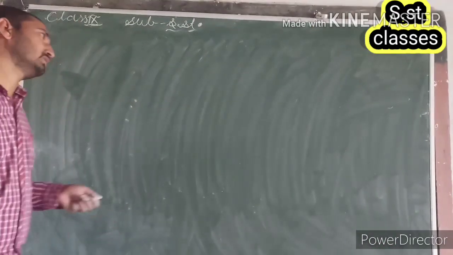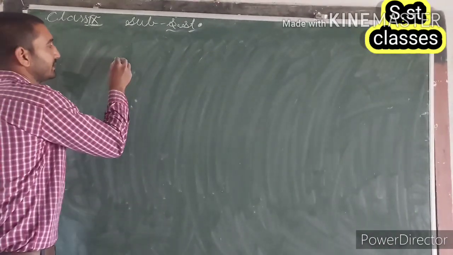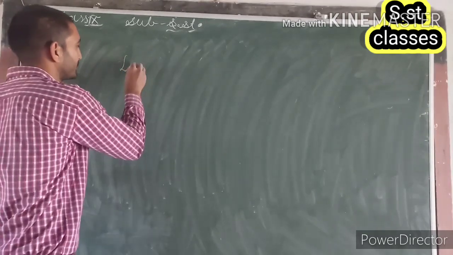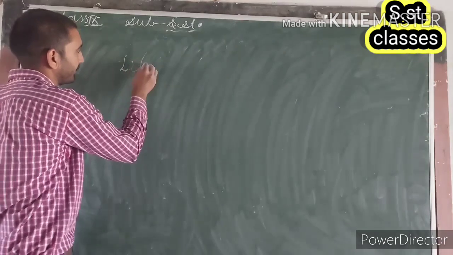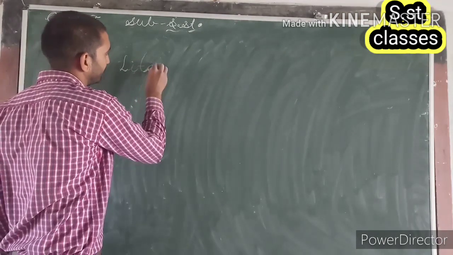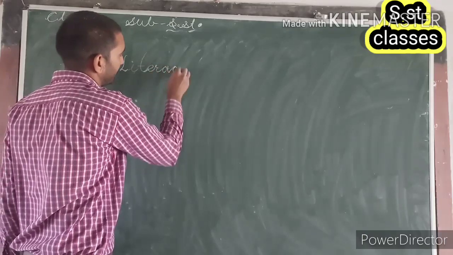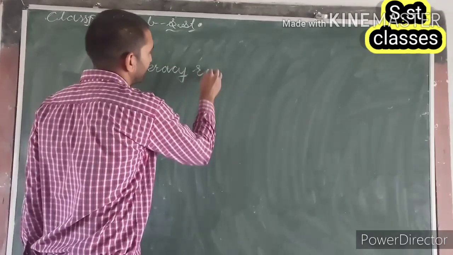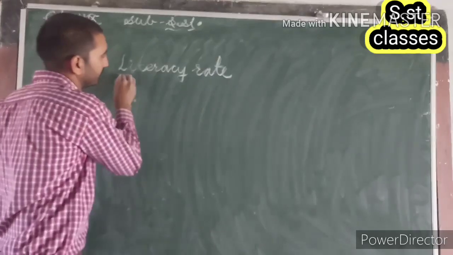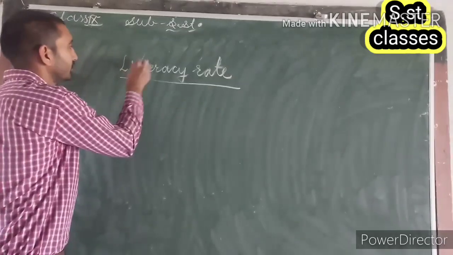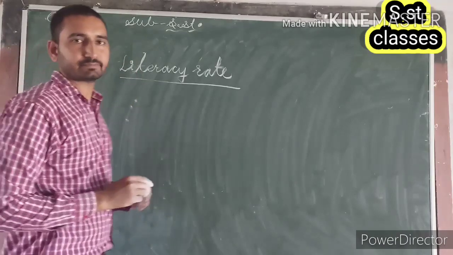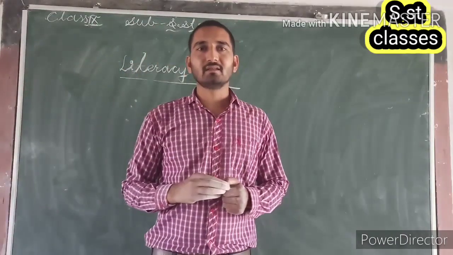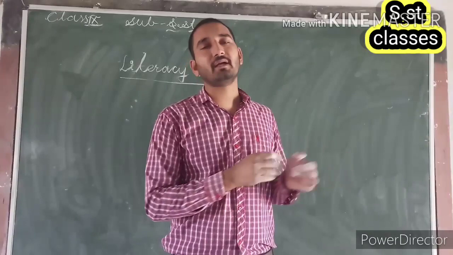Now the next point which we are going to discuss here is literacy rate. So guys, literacy is the most important part which shows us how the people are thinking.